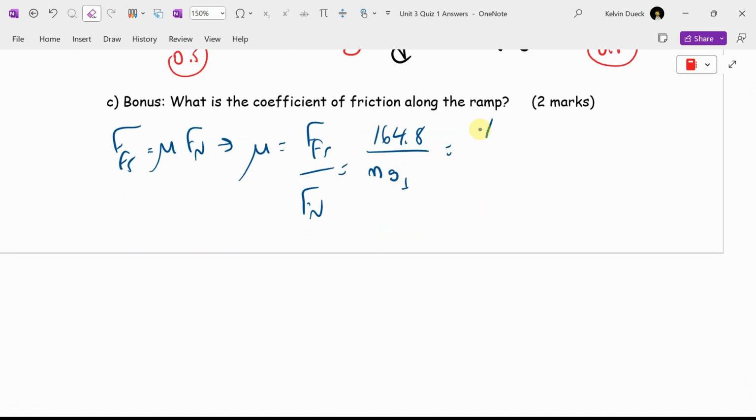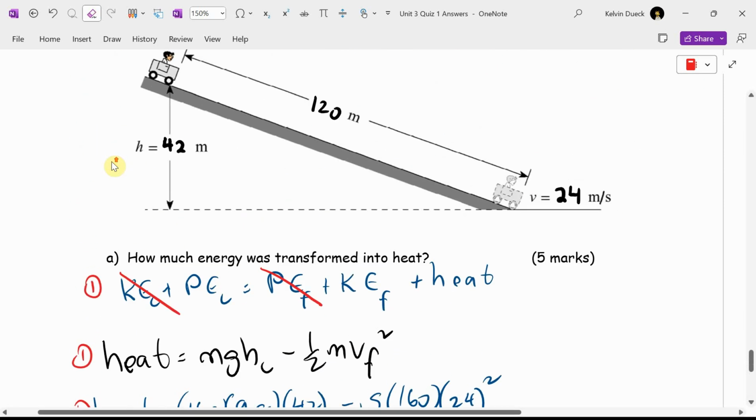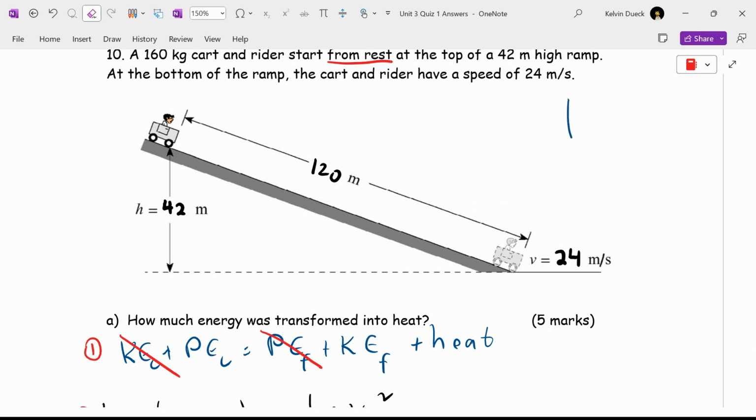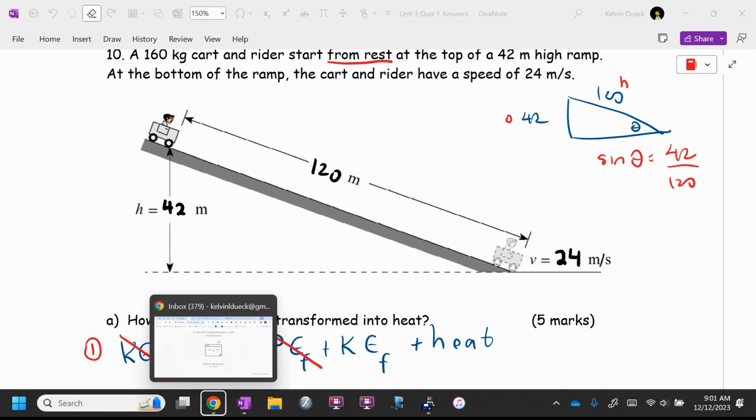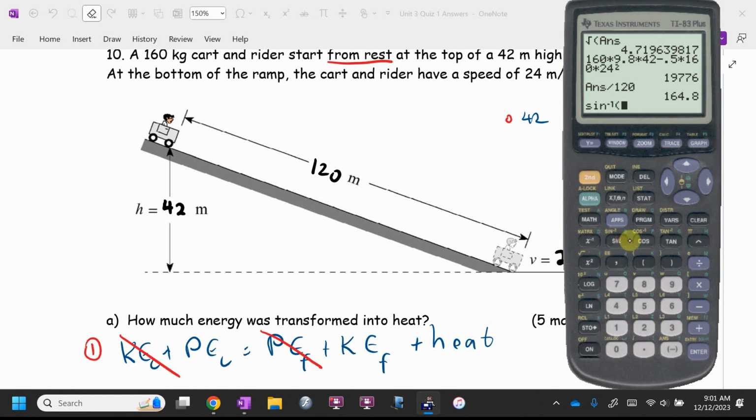The normal force is mg cosine theta, perpendicular. So it's going to be 164.8 divided by mg cosine theta. The problem is I don't know theta. Or do I? How can I figure out angle theta? Well, I have a triangle with 42 and 120. Sine theta is opposite over hypotenuse, so sine theta is 42 over 120. Shift sine of 42 over 120.